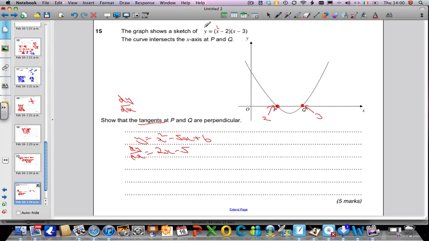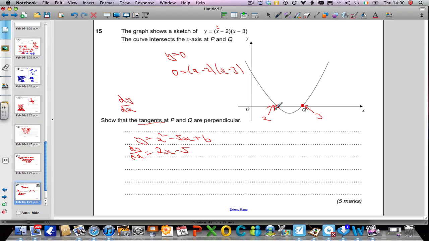One of the reasons I know this as well is because y on this x-axis must be equal to 0. So y equals 0, so I would have effectively an equation here: 0 equals (x minus 2)(x minus 3). And solving for x for both, you get x is 2 and x is 3. So I know what the value of x is here and here.